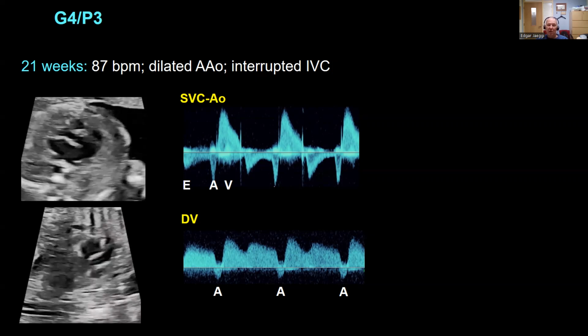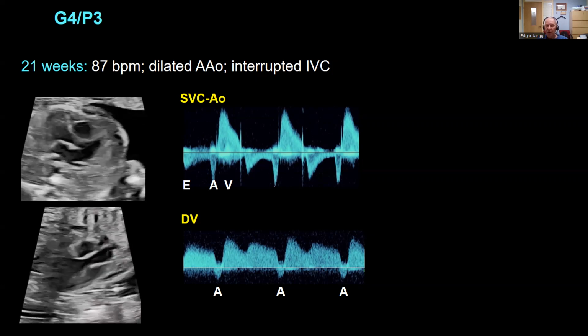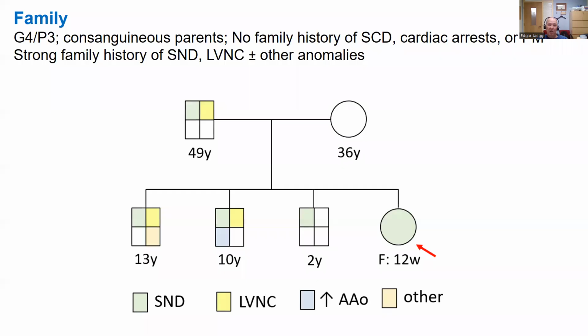Now, left isomerism can explain some bradycardia, but in this family, the history was so striking that we did not consider the left isomerism to be causative for the bradycardia.